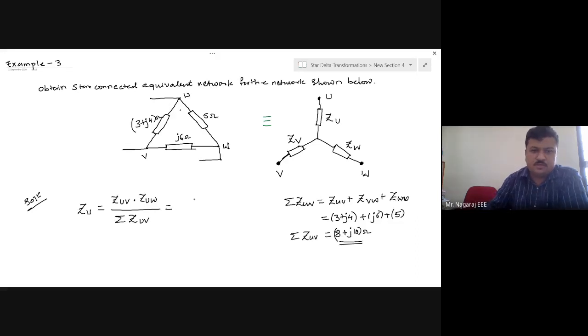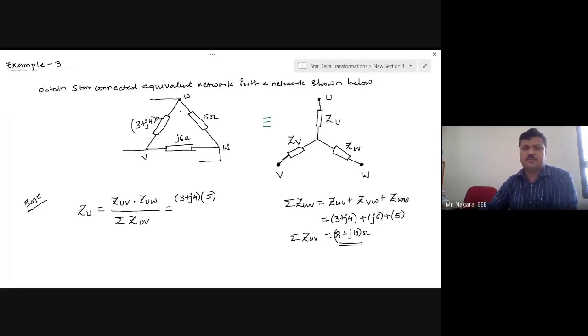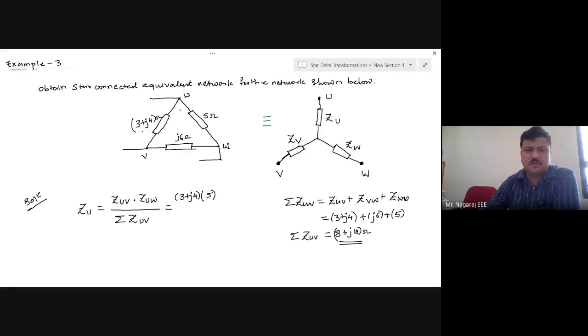So ZUV is 3 plus J4, into ZUW is 5. It is a resistance, 5 ohm is resistance. What is 3 plus J4? Is it inductive impedance or capacitive impedance?